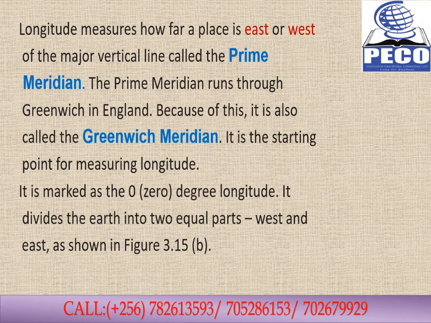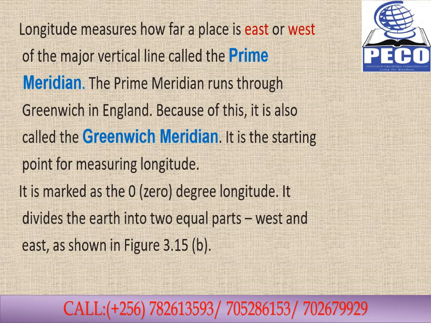For example, when it is 2 o'clock in England, it is 4 o'clock in Uganda, meaning that Uganda is 2 hours ahead of England. As we move to the east, there is an increase in time. When we move to the west, there is a decrease in time.